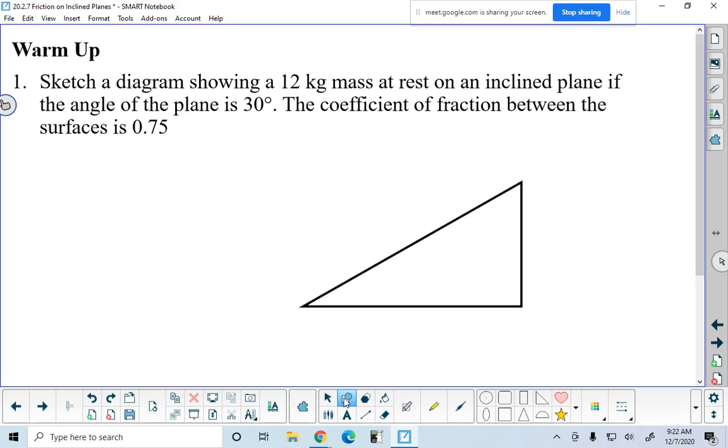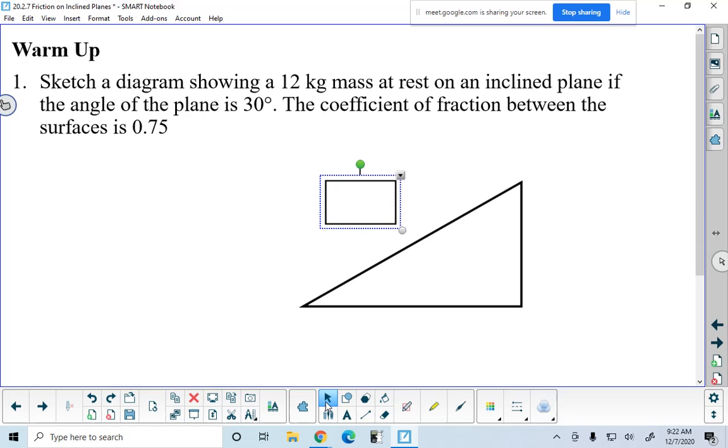Now we also have to draw some kind of an object on there. Of course, we typically draw this as the classic box. And I can never quite get it exactly right, but that doesn't matter. So we have this situation, and it says that there's a coefficient of friction of 0.75.